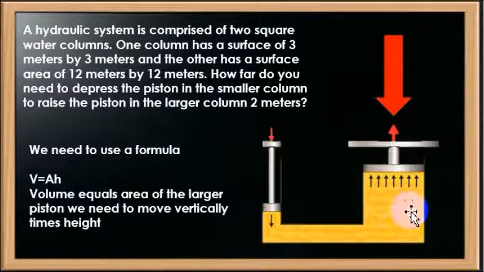The volume is going to be the same. The only variables we are going to have are the area of the pistons and the distance they move, h. Just to get that in your head, the system's volume is never going to change. The only things that vary are surface area and distances.